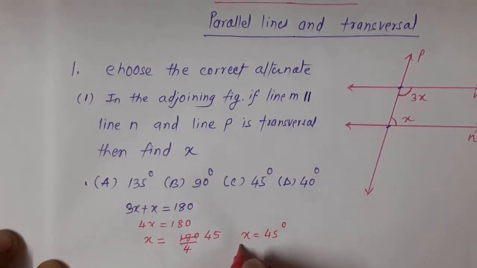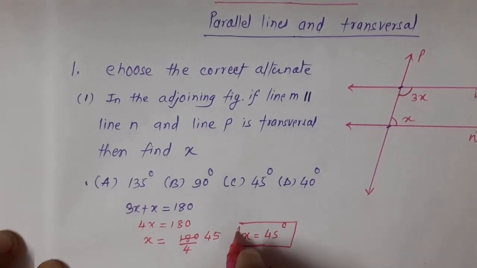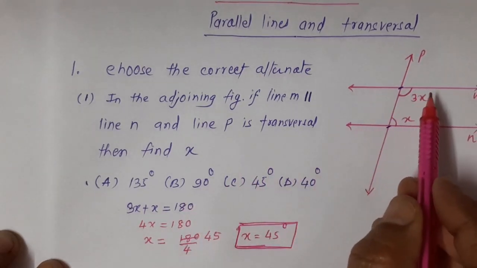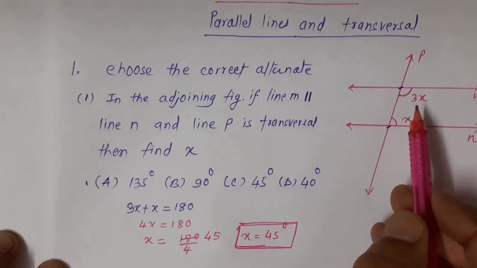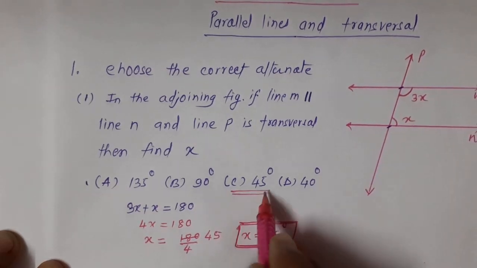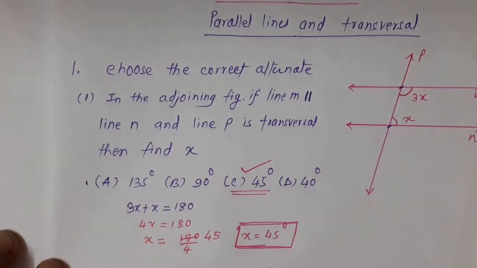So your answer should be x is equal to 45 degree, from the rule of interior pair angles. So option C is correct. This is your answer.